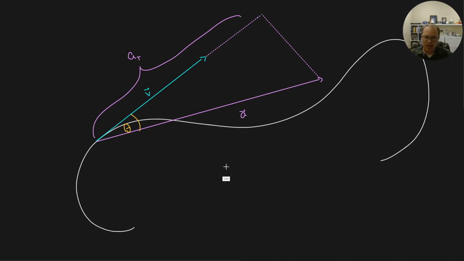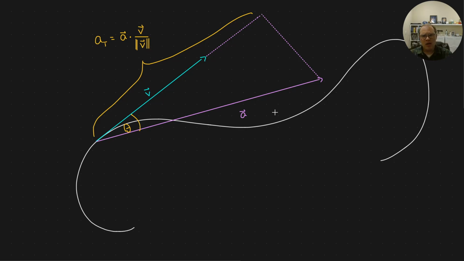That's the component in the direction of the tangent vector, in the same direction as the velocity. Notice it's just the scalar component of a onto v. We've calculated that several times now. We want to know how much of our acceleration is in the direction of the velocity.